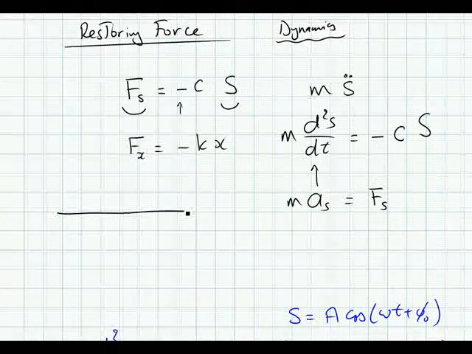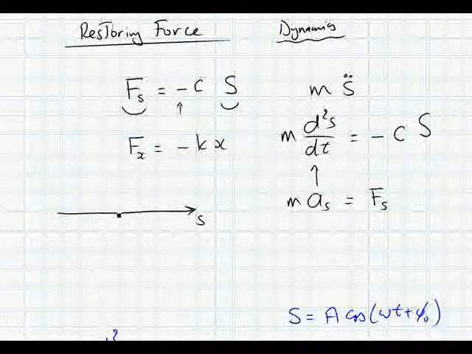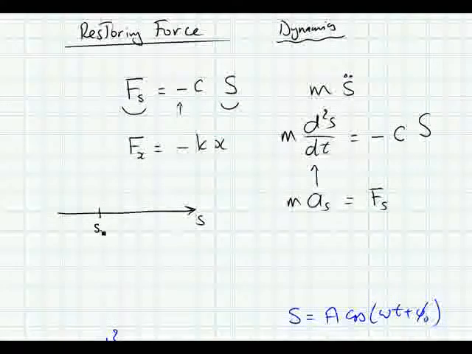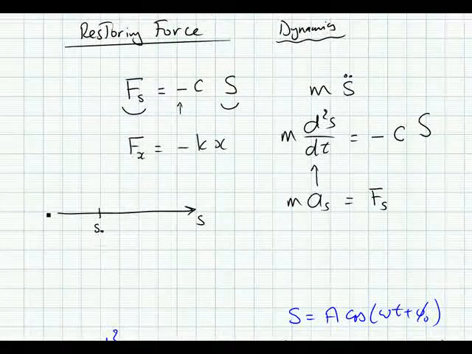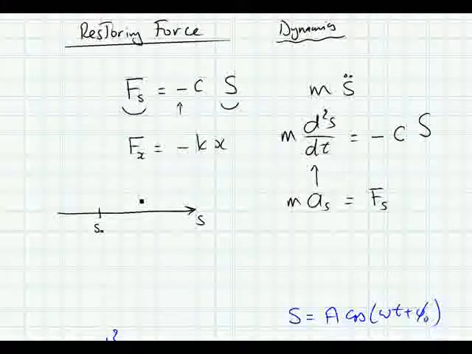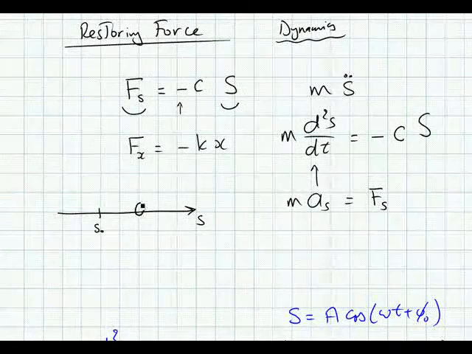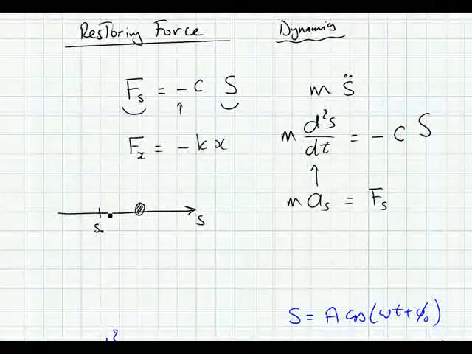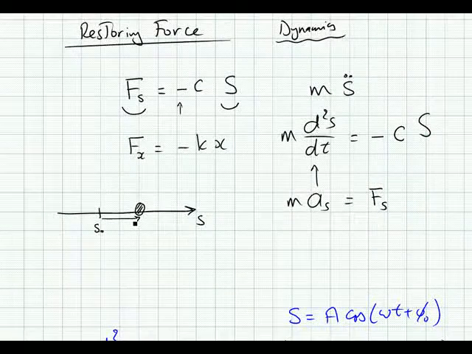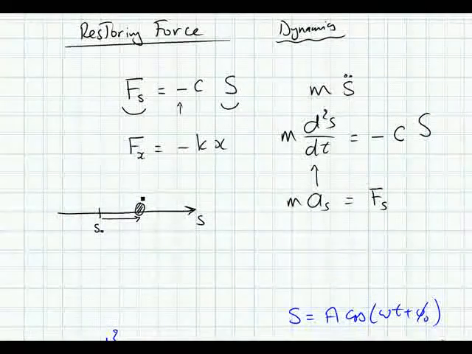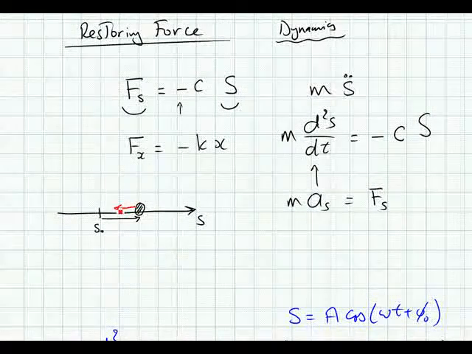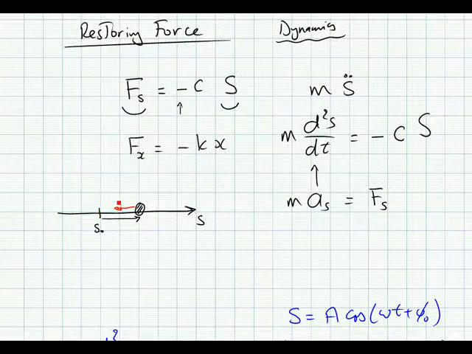For example, if this is our s-axis, let us call our equilibrium position S0 to be here, then the force that the object would experience when it's in this position would be proportional to its displacement from the equilibrium position, and it will be, you draw the force in red, pointing towards the equilibrium position.